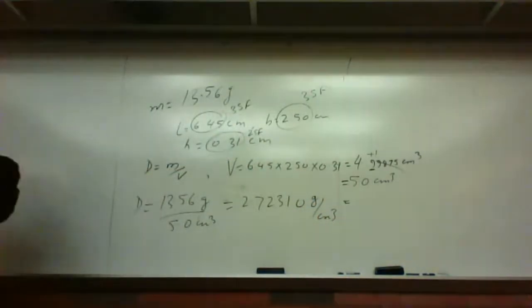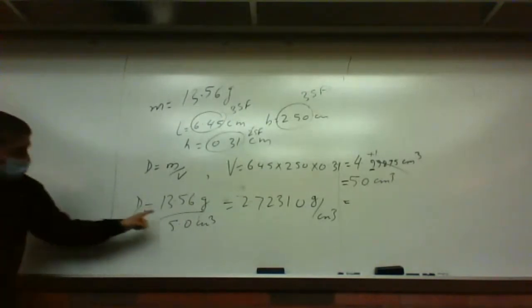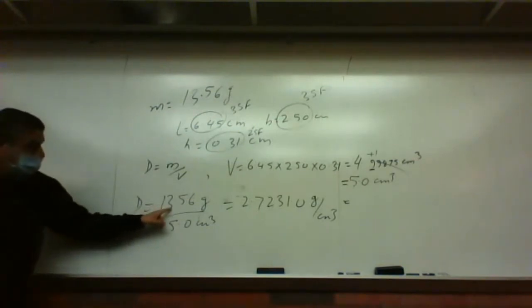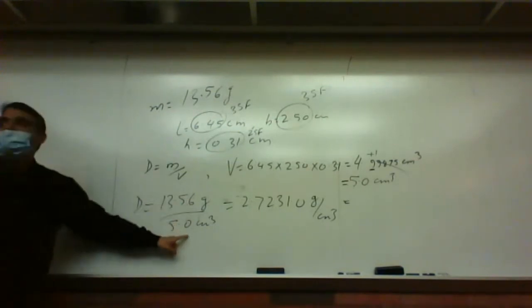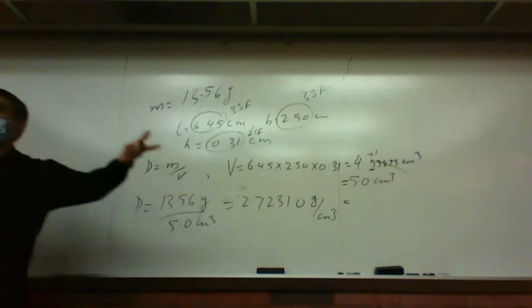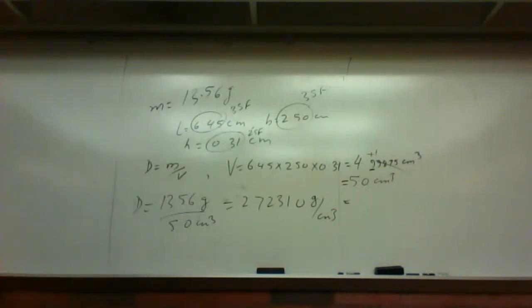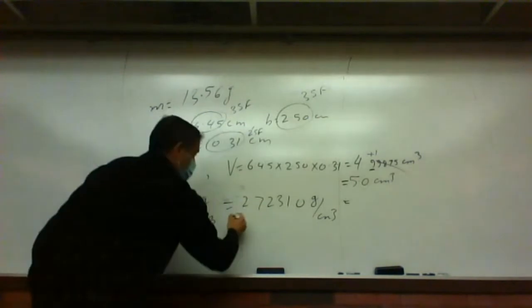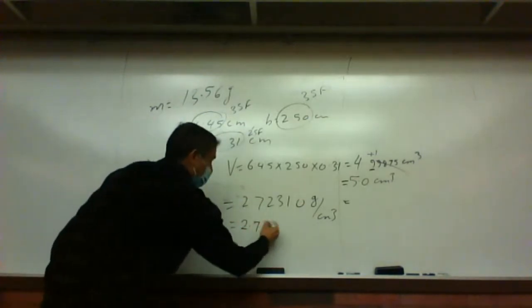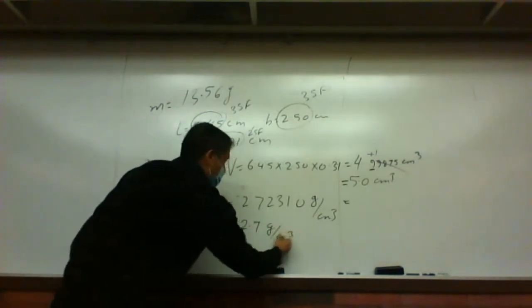Can I report this number like this? No, I can't, because I need to take care of significant figures. Here there are 4 significant figures, and here there are 2. The answer should have the least number of significant figures, so I need only 2.7 gram per cm3.